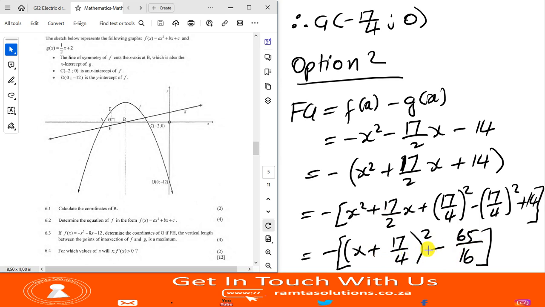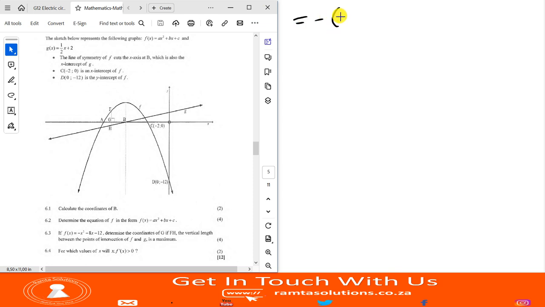So to be a maximum, oh sorry, let me complete this. It'll be negative x plus 17 over 4 all squared plus 65 over 16. Okay, so this is the maximum.